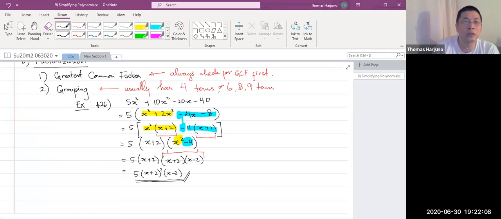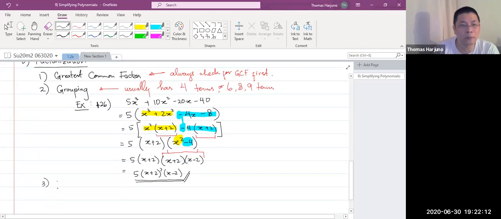Now, the third type is trinomial. To be more precise, it's trinomial with leading coefficient equals to 1.